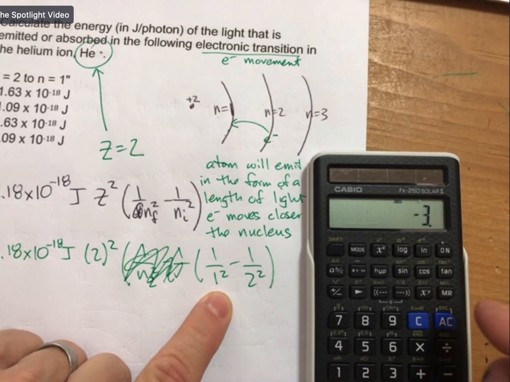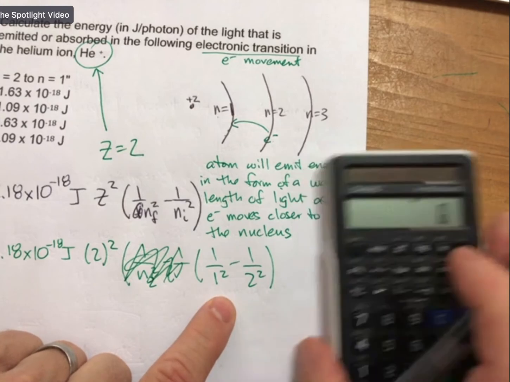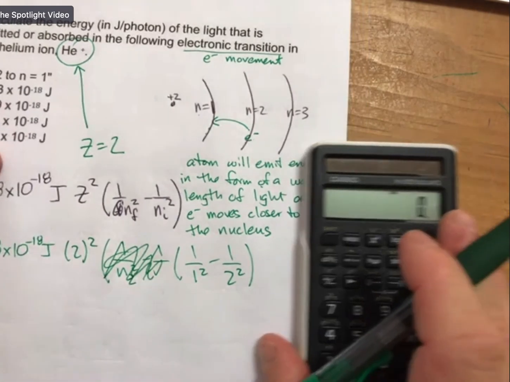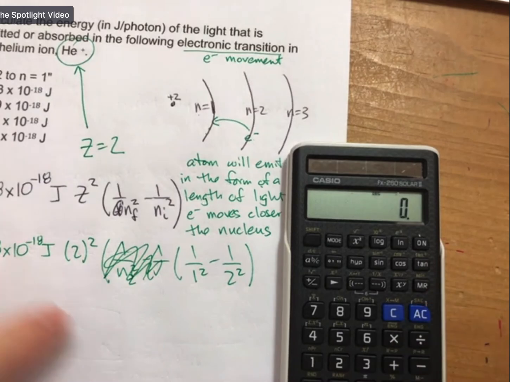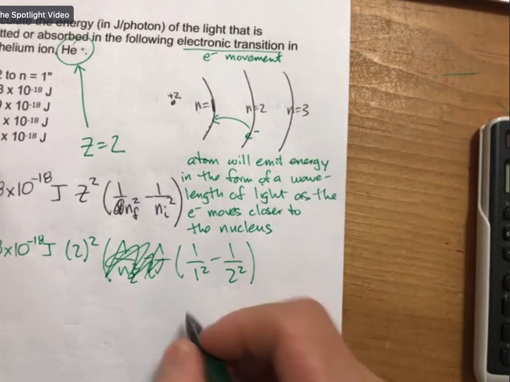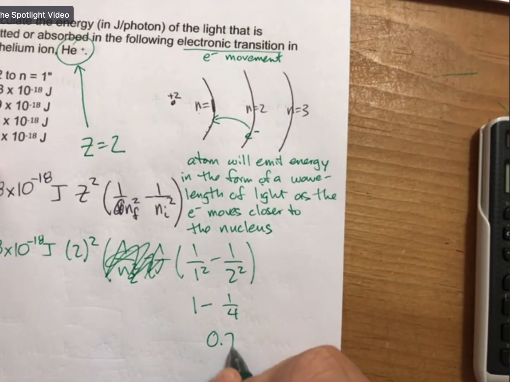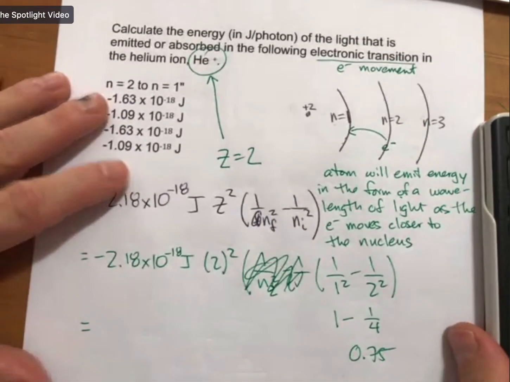Oh, I think that's the problem. There's an order of operations thing on my calculator that doesn't work like other calculators I've used. So this should be 1 minus a quarter, so it's 0.75. I might have to go back to doing it by hand here.